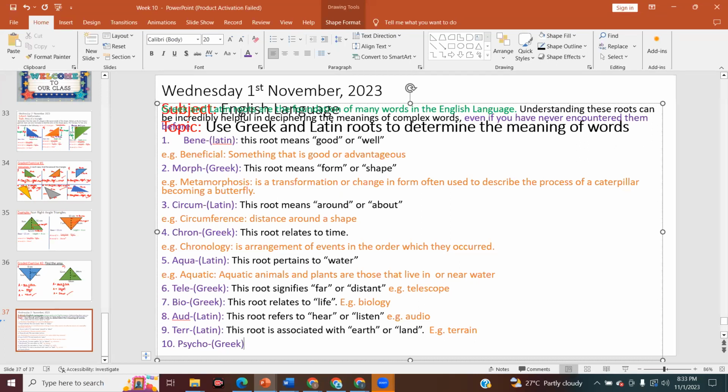And we all know what that means. This root is connected with mind, right, or soul. All right, cycle.